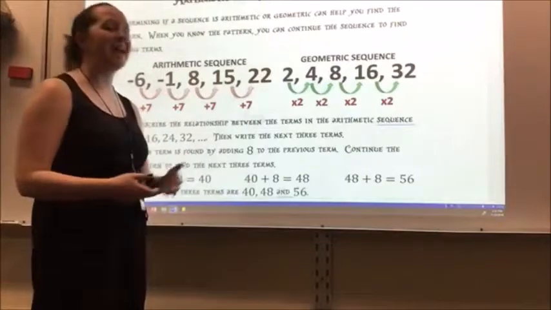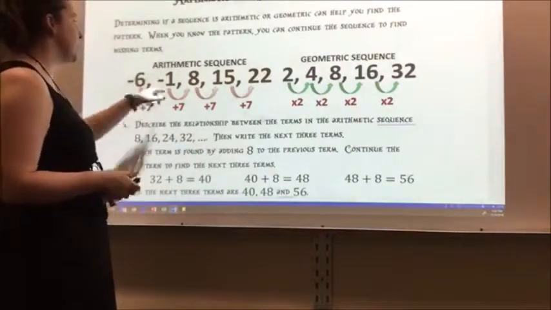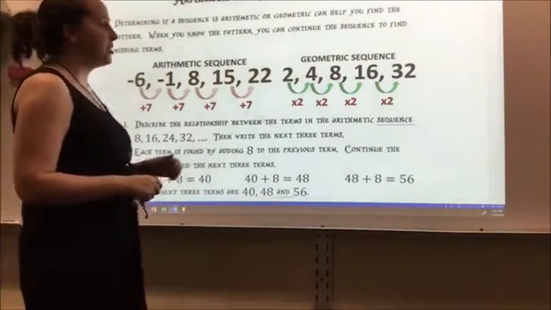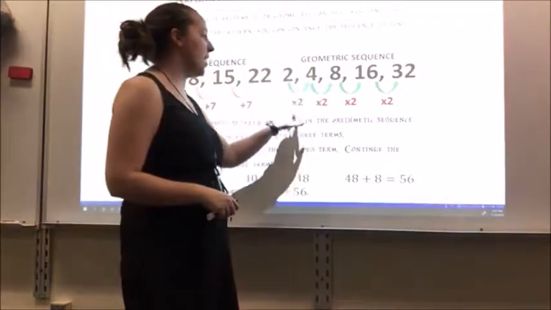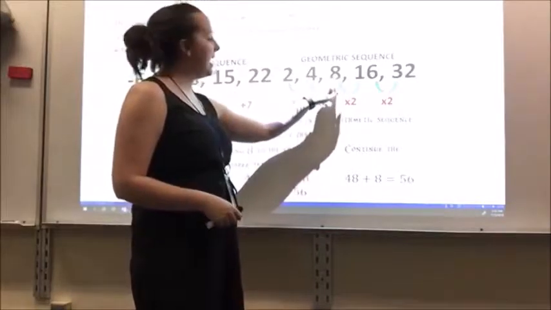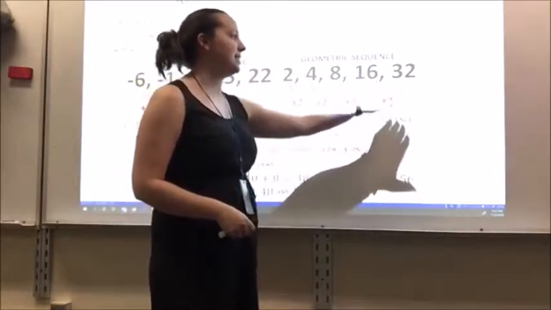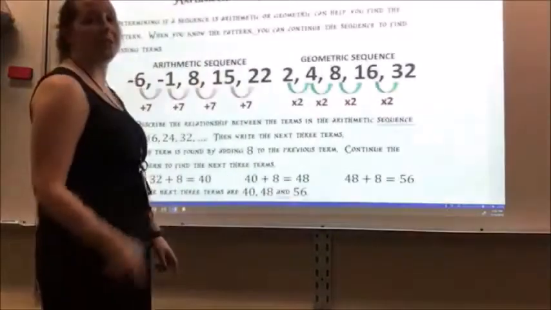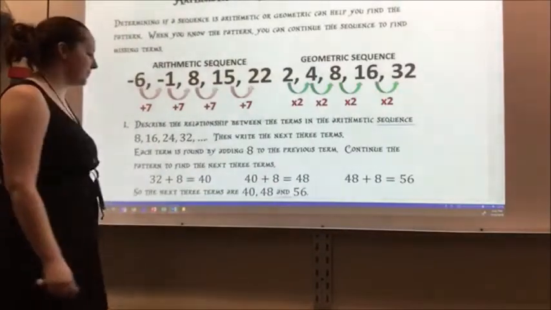So each time I'm adding 7 on. This should be +1, by the way. Geometric sequence, 2 to 4, I multiplied by 2. Again, I multiplied 4 times 2 to get 8, 8 times 2 to get 16, and 16 times 2 to get 32. So that's a geometric sequence.